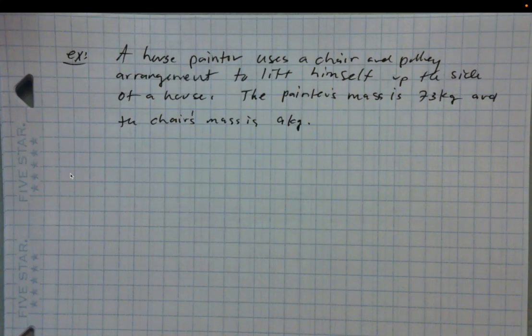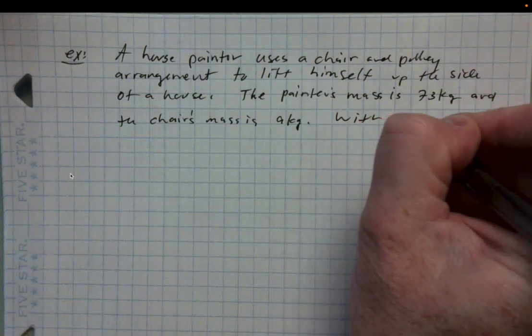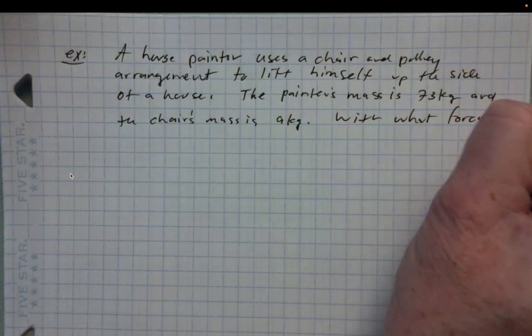So you've got this painter who's sitting on this chair, attached to this rope with a pulley, and he uses it to pull himself up. We'll draw a picture in a second. Now here's the question.